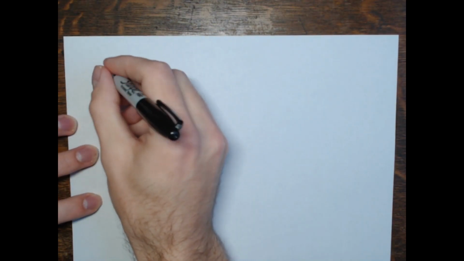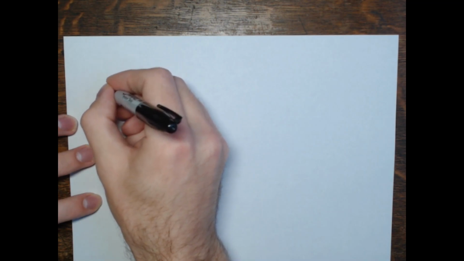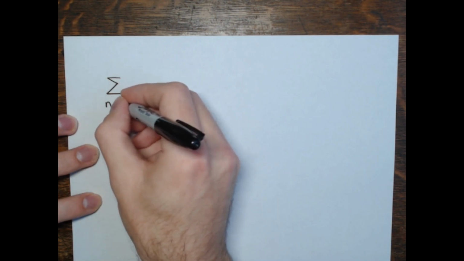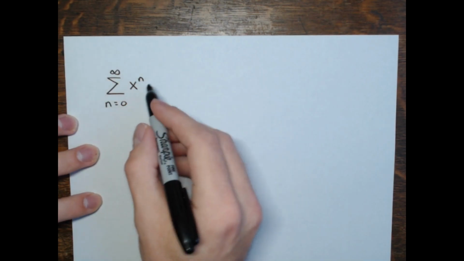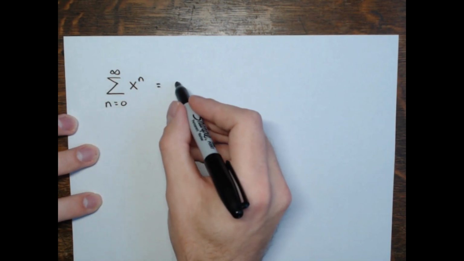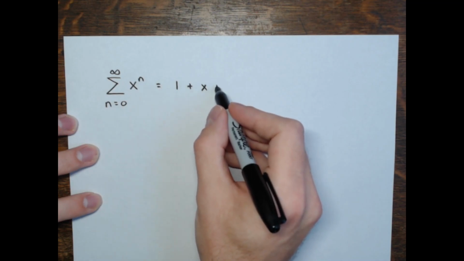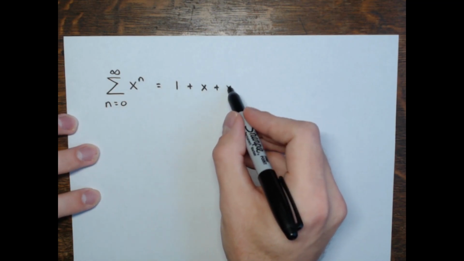All right, so let's go back to what we know about our geometric series. So again, this sum, the sum from n equals 0 to infinity of just x to the nth. So remember that's 1 plus x, same start as the last objective.